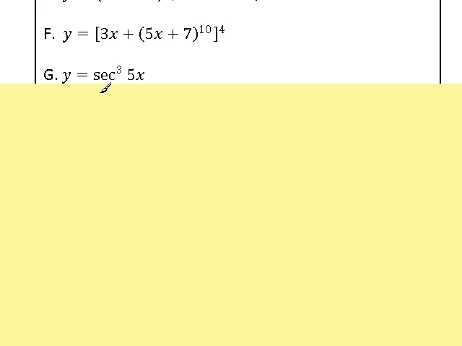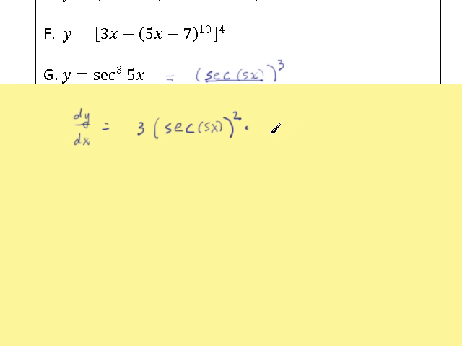And in G, we have y equals secant cubed 5x, and it'll be a little bit easier to take the derivative if we write this as secant of 5x, cubed. All right, so dy/dx is equal to, let's just bring down that 3, change the exponent to 2, and now we're doing the derivative of secant 5x.